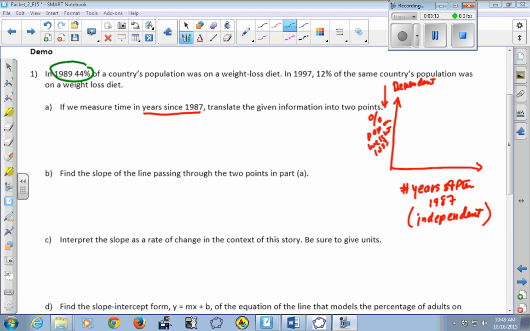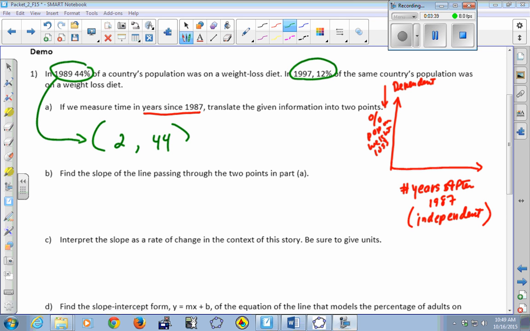And where else is there another point? Right, 1997 and 12. So we have to convert those 2 points, or that information, into 2 coordinates. So 1989, if we were to convert that information into 2 coordinates, what would be the values of the coordinates here, both the horizontal and vertical coordinate? 2, 44.